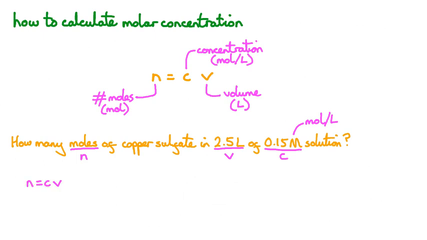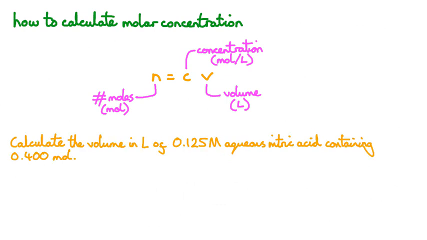So using n = cV, we get 0.15 molar multiplied by 2.5 litres, giving us an answer of 0.375 moles.